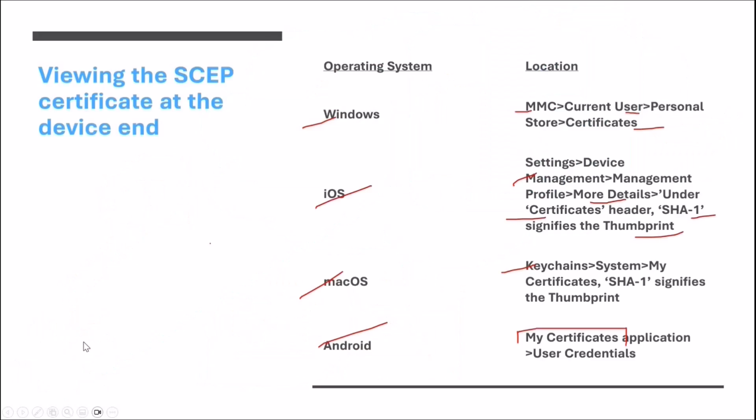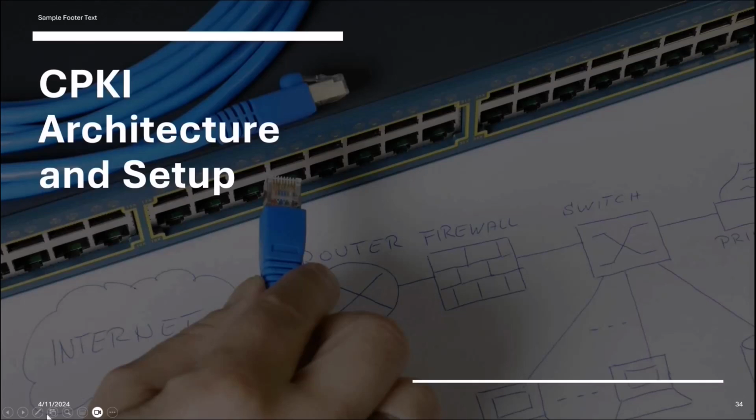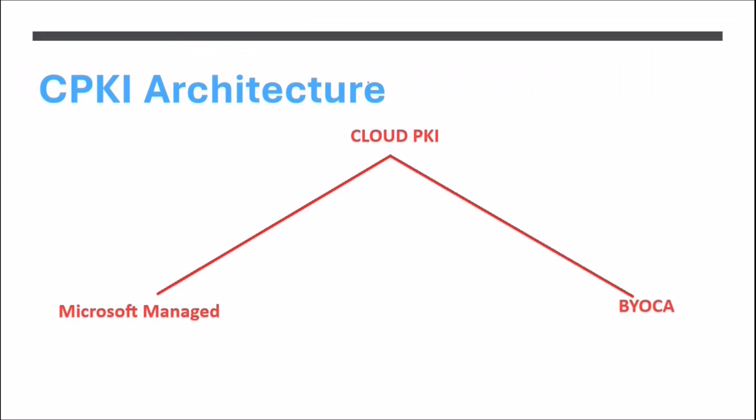All right, so the next thing I'm going to talk about is the Cloud PKI architecture, and this is important because there are two kinds of architectures that are possible. Hence, we need to understand the difference between the two, so that if we plan on deploying Cloud PKI to our environment, we know which one we want to choose.